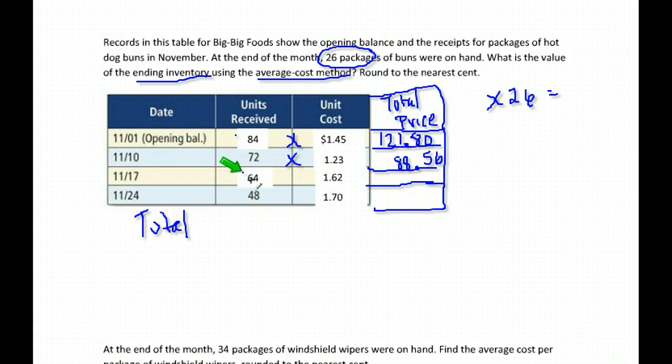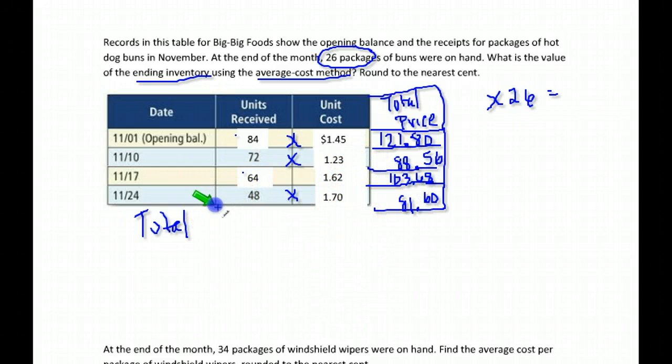They were $1.62 each. That's $103.68. And finally down here, 48 items, $1.70 each. We get $81.60. Okay, so those are the totals for our orders.